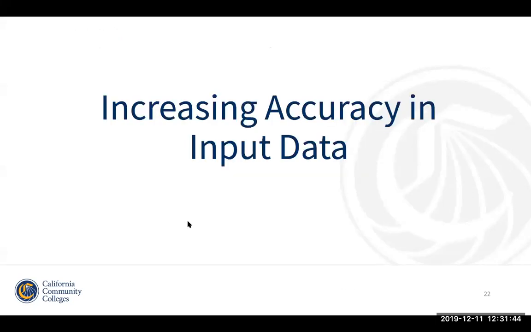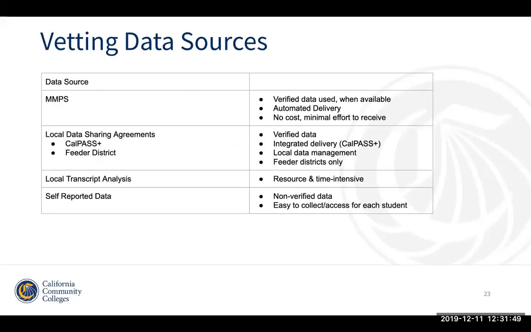Okay, increasing accuracy in input data. So we certainly know that self-reported data, the memo from the Chancellor's Office, it certainly has indicated that self-reported data has been validated as being accurate. We are seeing some instances where students are changing, and while we certainly do expect that there is going to be an evolution of self-reported data when applications by the same student are being submitted over time, we would expect that their self-reported data to evolve as new information becomes available to the student.